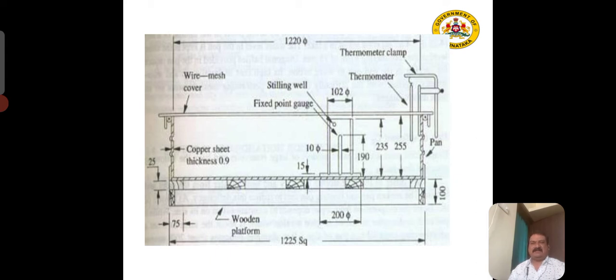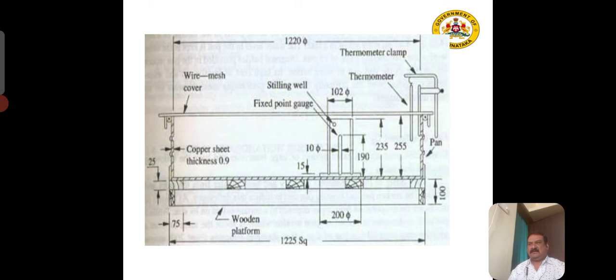A fixed gauge housed in a stilling well is shown in your figure. During evaporation measurement, a constant water level is maintained at the top level of the fixed gauge. For this purpose, water has to be removed or added periodically. The water level measurements are done using a micrometer hook gauge.